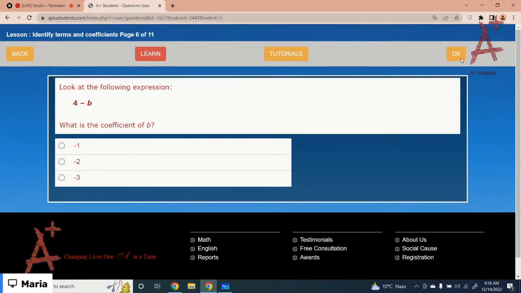Whenever you have no coefficient written with the variable, that means it has the coefficient 1. But you have a negative sign right before the b, so it is -1b. You don't have any number written with b, that means its coefficient is 1. You have a negative sign, that means the coefficient is -1. Got it now?